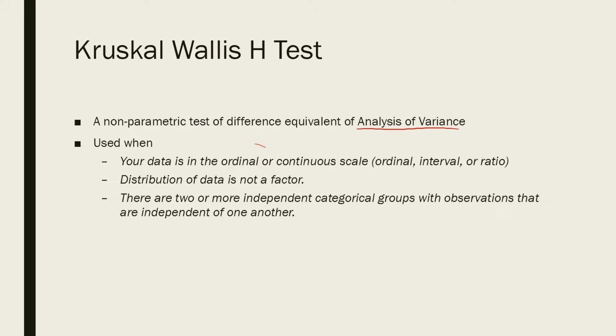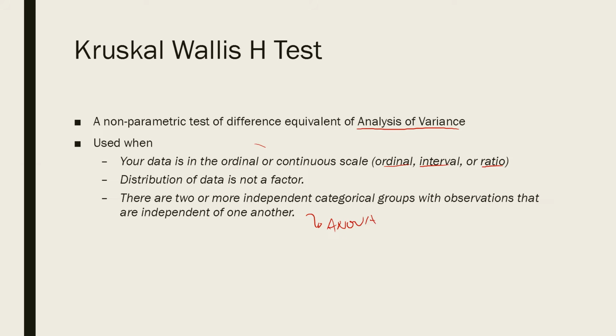Now, take note of the assumptions of this test: your data is in the ordinal or continuous scale, so it could be either ordinal, interval, or ratio. Distribution of data is not a factor given that this is a non-parametric test, and there should be two or more independent categorical groups with observations that are independent from each other, so much like ANOVA.